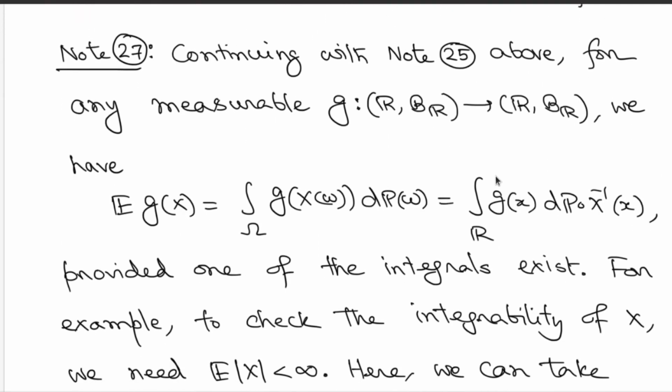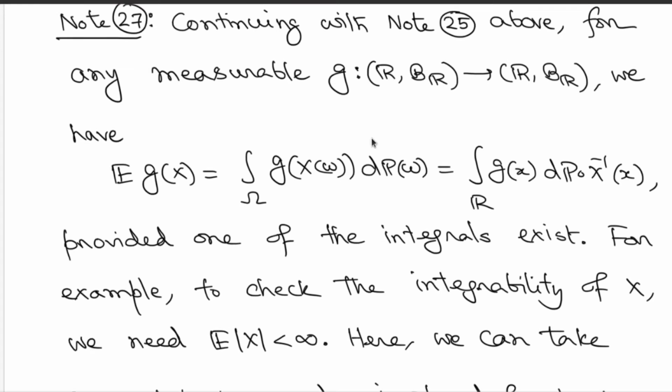Alright, so again continue with this, but let's now choose a more general function g here. Instead of the function g(x) = x, now choose a more general function. Now you can consider the expected value of the random variable g∘X, or g(X), and as per definition that is the integration of g(X(ω)) with respect to the probability measure P. But if you change variables, you again end up with an integration over the real line, where you integrate this measurable function g with respect to the probability measure P∘X⁻¹.